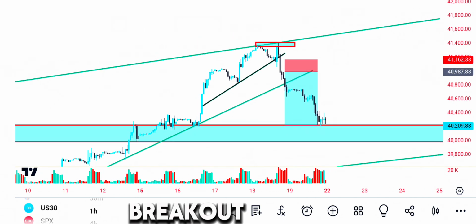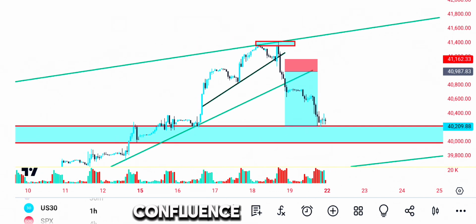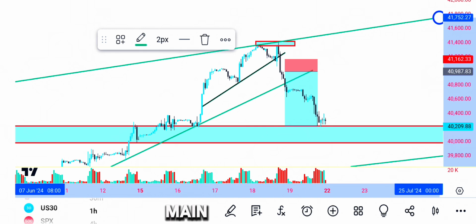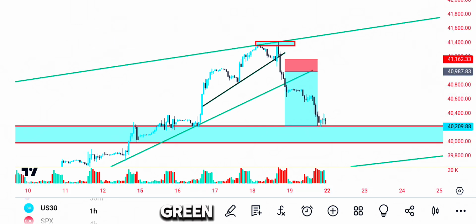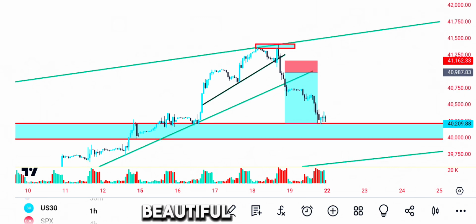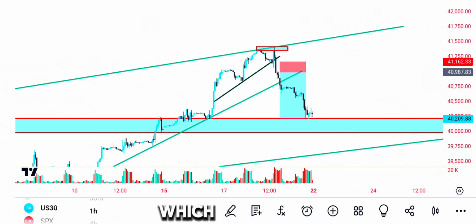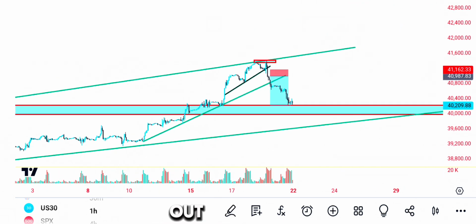A trend line breakout. And another confluence, guys, is that the main, this green trend line, we rejected right there, right? So yeah, this was really a beautiful trade, which actually led me to trying out indices.